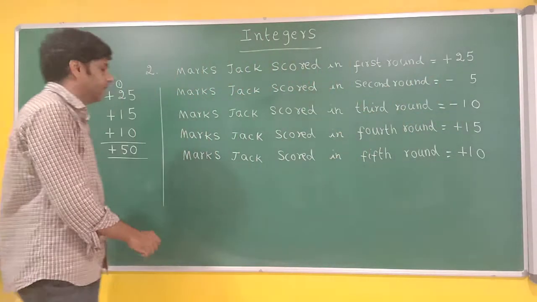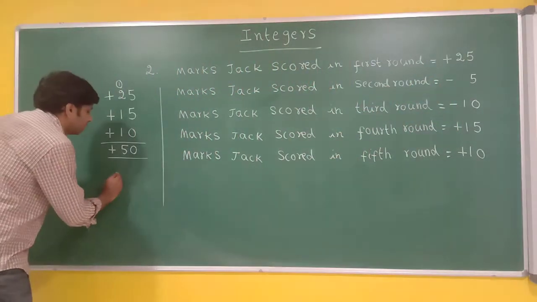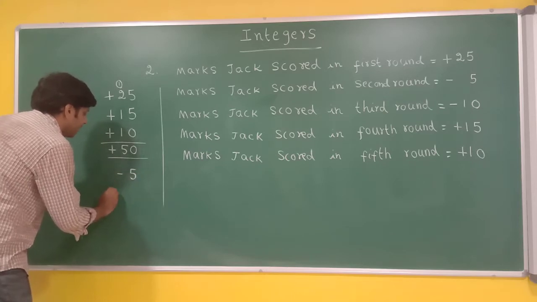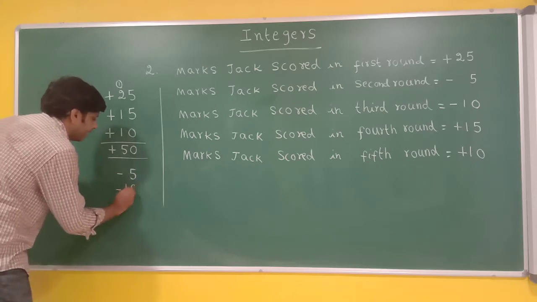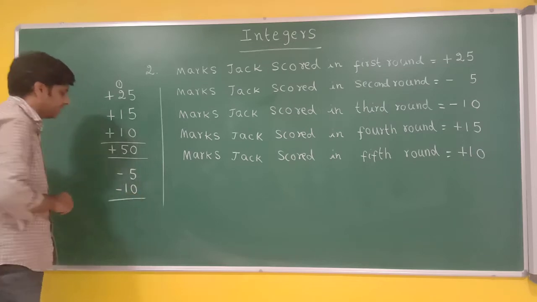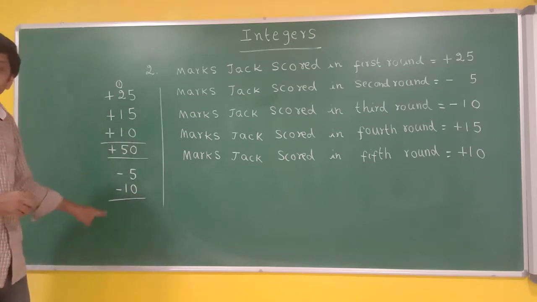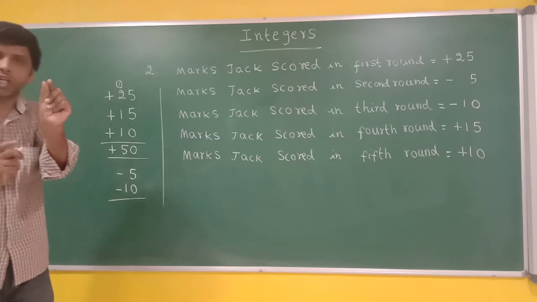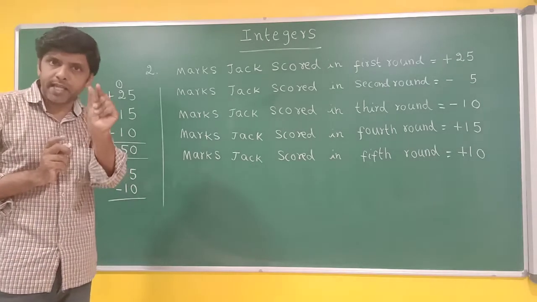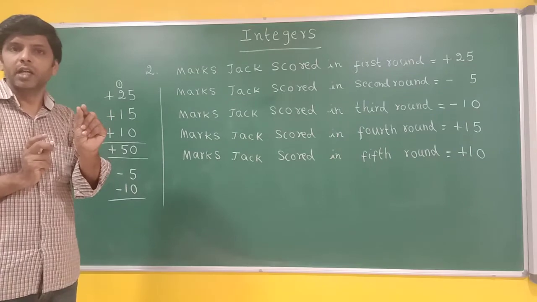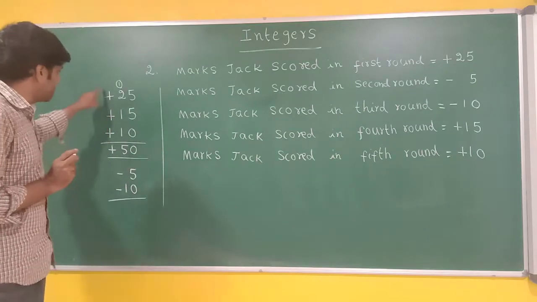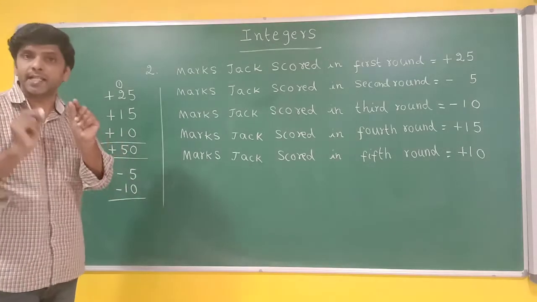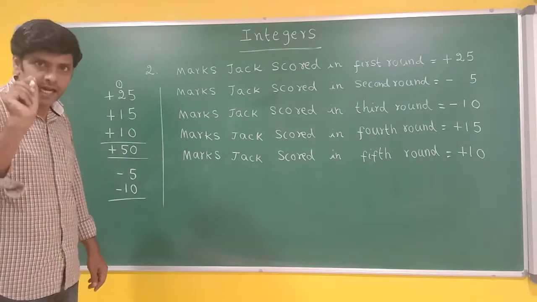Understood? Now I am going to take these two numbers: minus 5, minus 10. See, these two numbers also have the same sign. Same sign means addition, whether positive or negative.